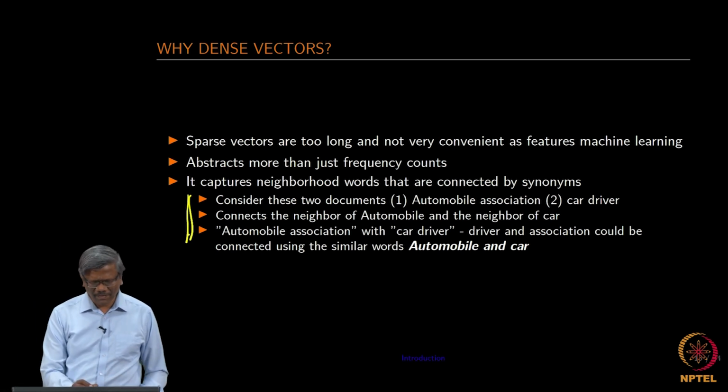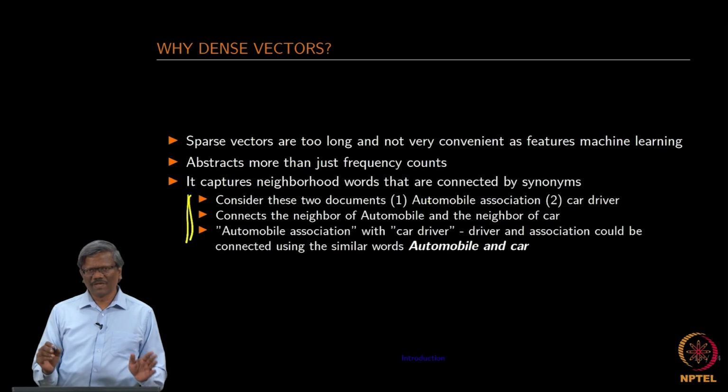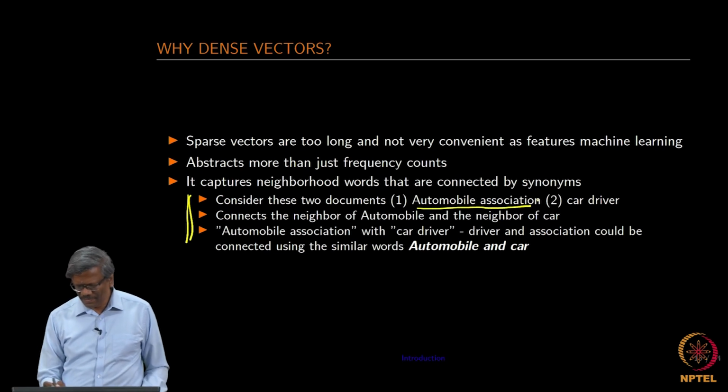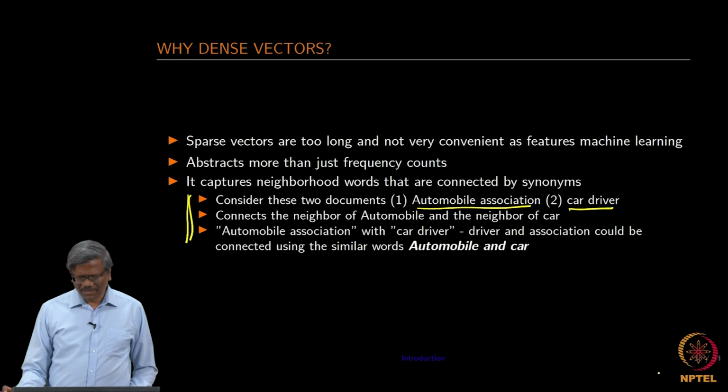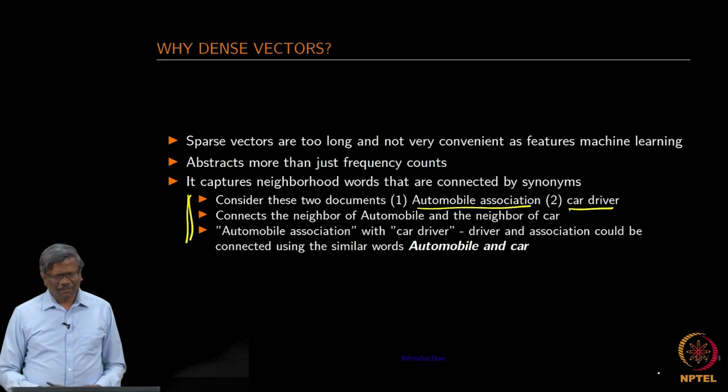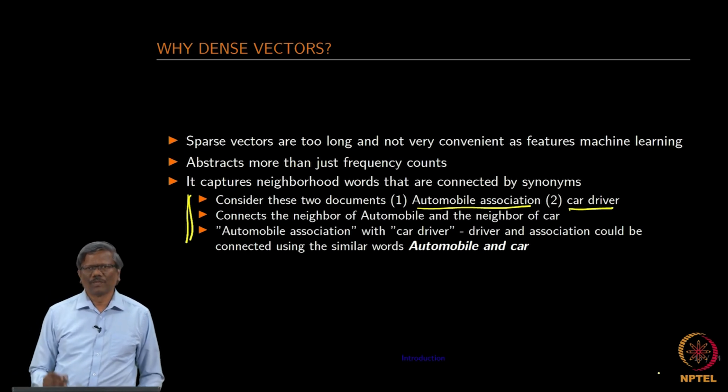So, for example, if you have two documents, assuming that only these 4 words, the first document contains automobile association and the second one is car driver. So, these are the 2 documents that we are looking at. Is it possible for me to connect these 2 documents in a certain fashion?